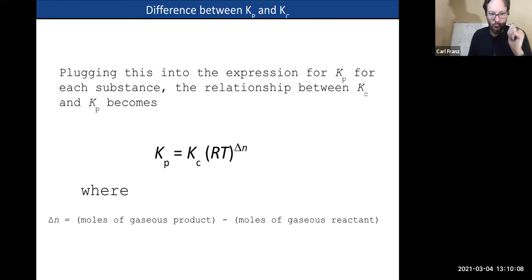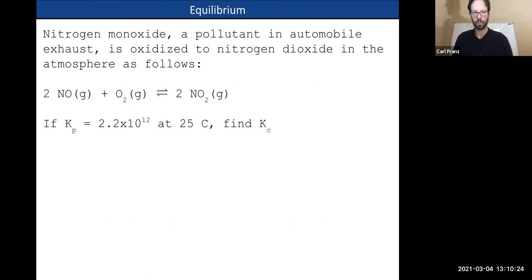The change in moles, delta N, is always going to be the moles of product minus the moles of reactant. So whatever the coefficient on the product side is, minus the coefficient on the reactant side.